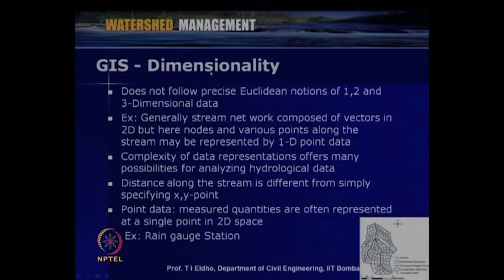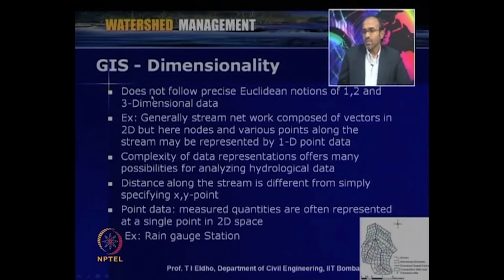As far as dimensionality is concerned, GIS does not follow precise Euclidean notions of 1, 2 and 3 dimensional data. It is not exactly following, but with some variations. For example, a stream network is generally composed of vectors in 2D, but here nodes and various points along the stream may be represented by 1D point data. For example, this is a watershed where you can see various stream networks. So, this will be represented by 1D point data.